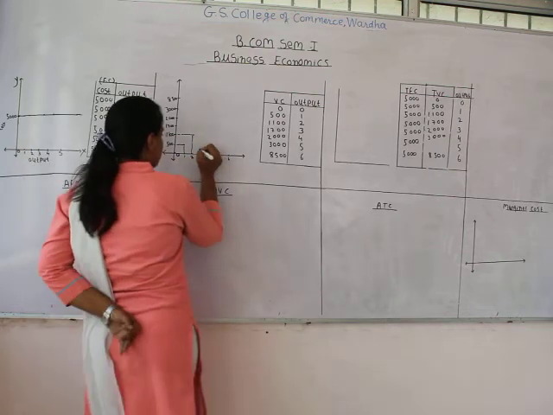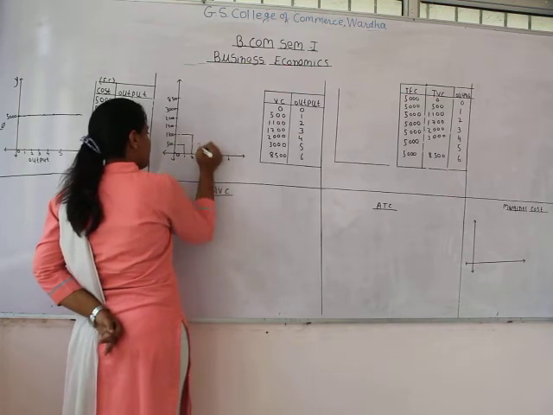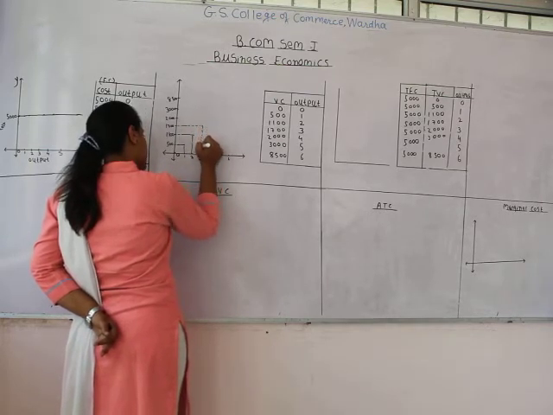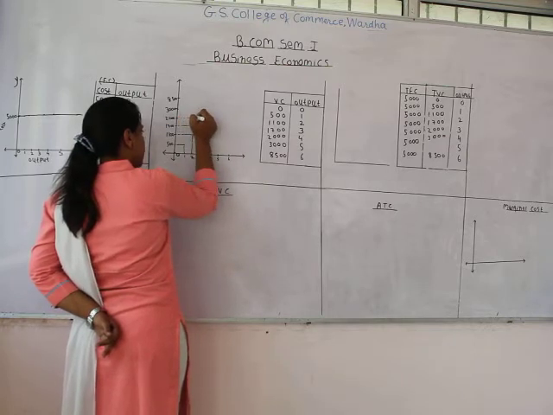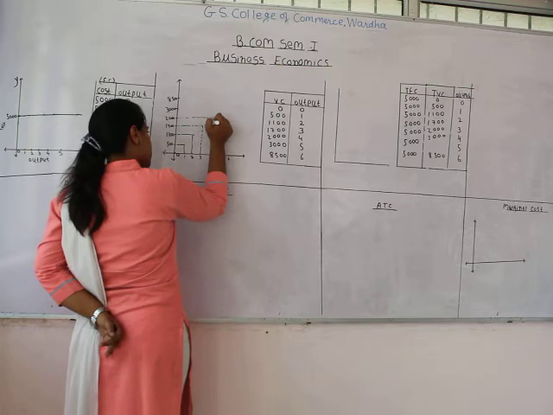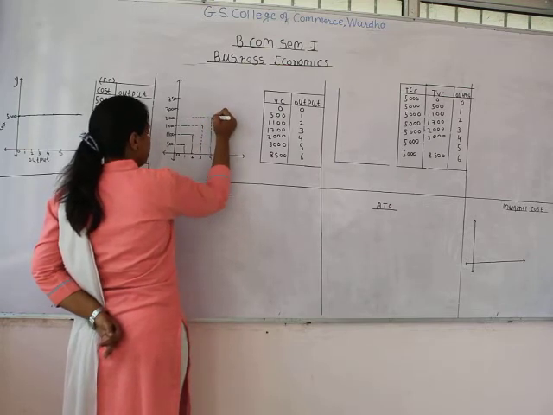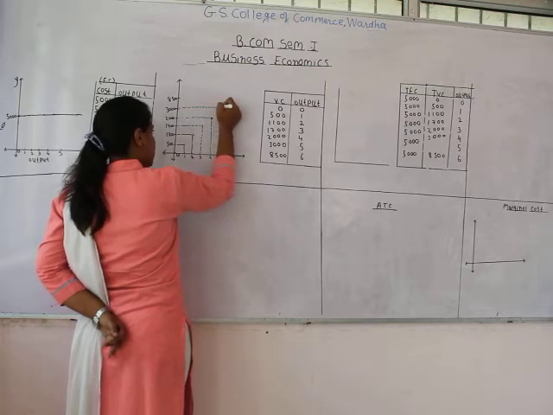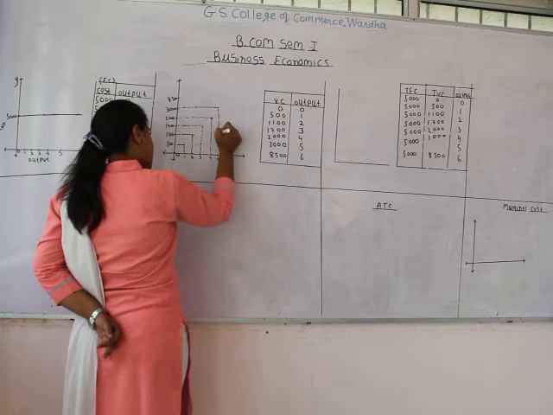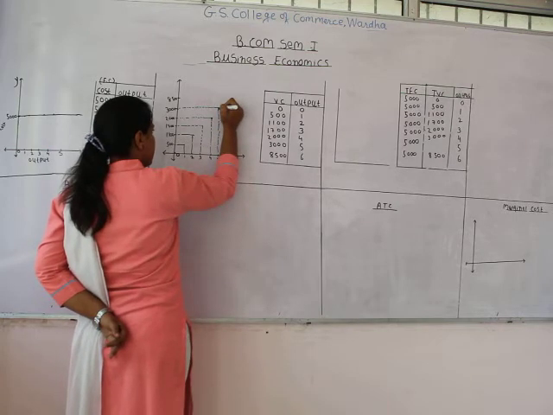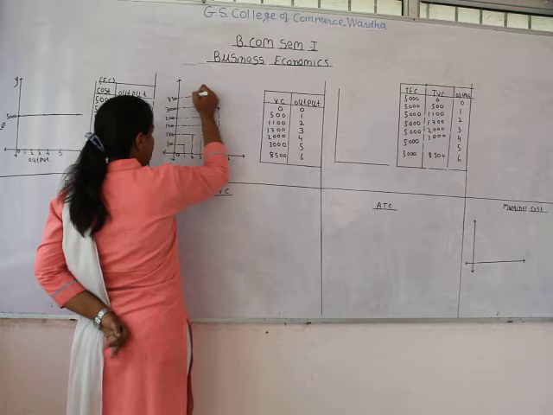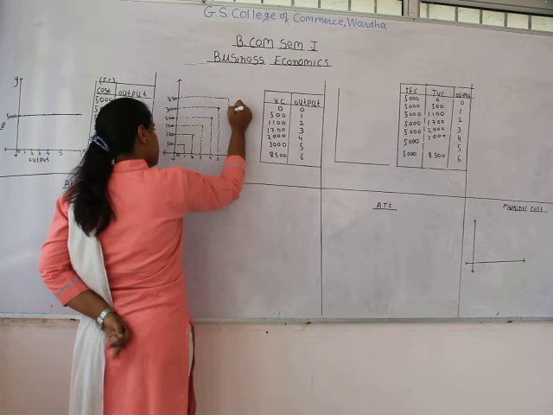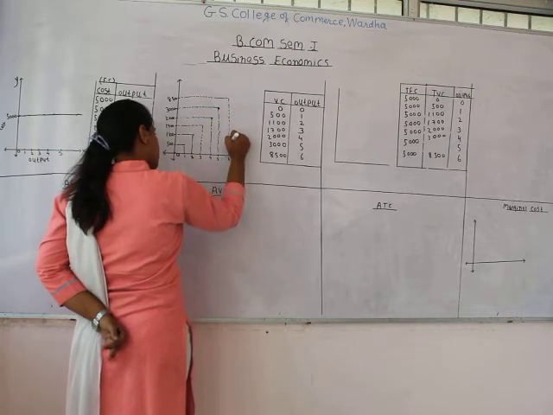Then when output is further increasing to 3, it's becoming 1700, so it would be plotted here. When output is further increasing, you can see that it's again increasing. When output is 4, it is getting 2000. When output is 5, it is getting 3000. And when output is further increasing to 6 units, it is getting 8500.